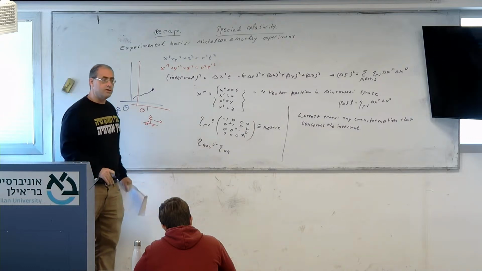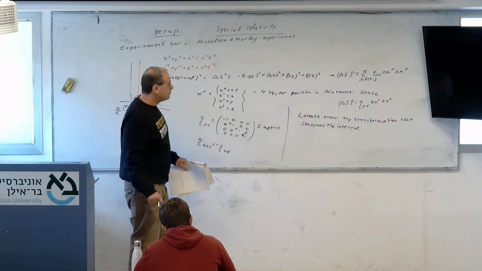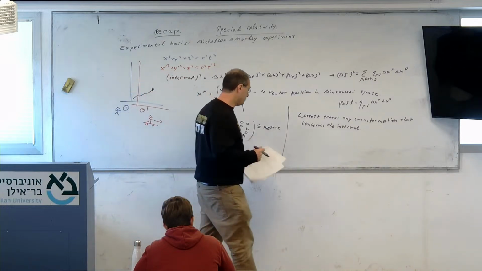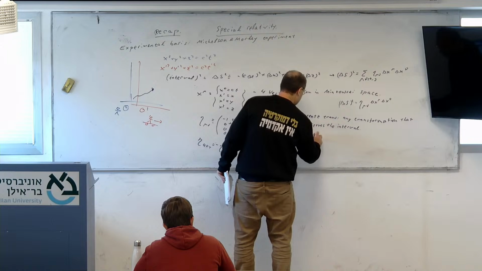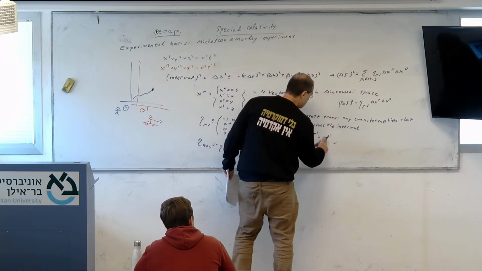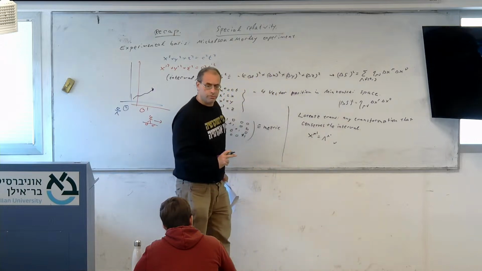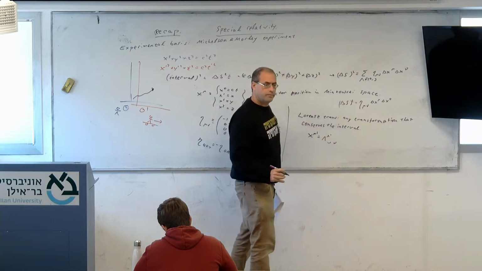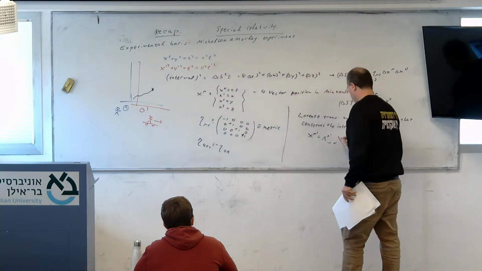We denote this transformation with a matrix with one upper index and one lower index, so x mu prime is lambda mu prime nu x nu.